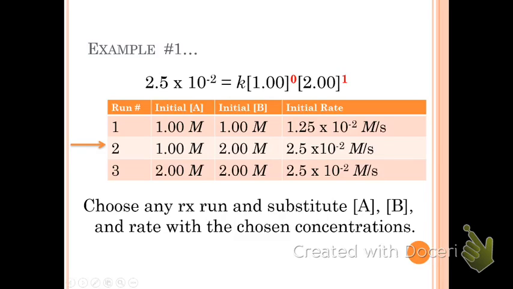Here is the substituted information: you have your rate of 2.5 e negative 2 is equal to your lowercase k, which is your rate constant, times the concentration of reactant A, which is 1.0, to the 0 power, because it has an order of 0, times the concentration of reactant B, which is 2.0, to the first power, which is the order of reactant B.